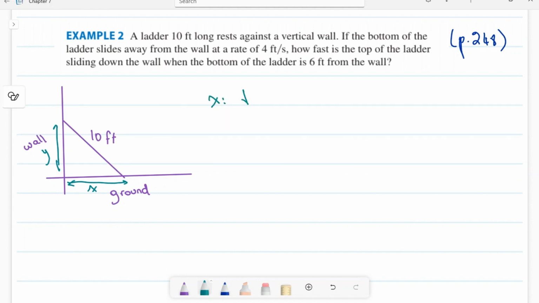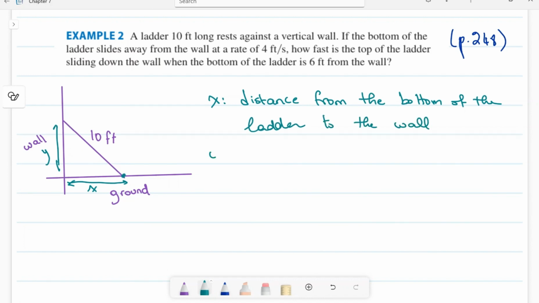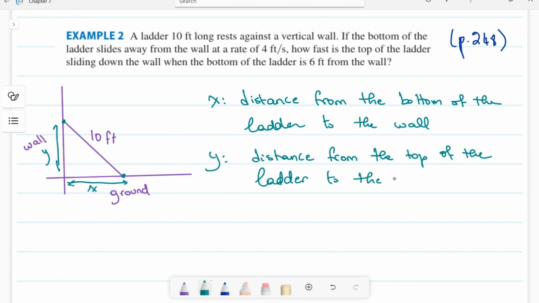So in other words, x is the distance from the bottom of the ladder, which is here, to the wall, and y is the distance from the top of the ladder to the ground.